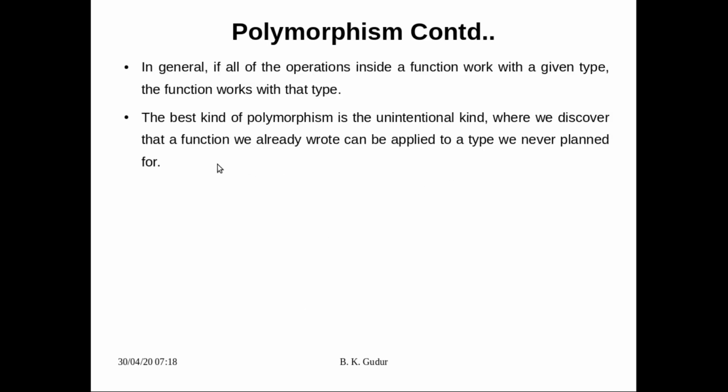This is the best kind of polymorphism, the unintentional kind, where we discover that a function we already wrote can be applied to a type we never planned for. We had not planned sum for time objects, but because of polymorphism we can use it to add two or more time objects. Hope this is clear to all of you.